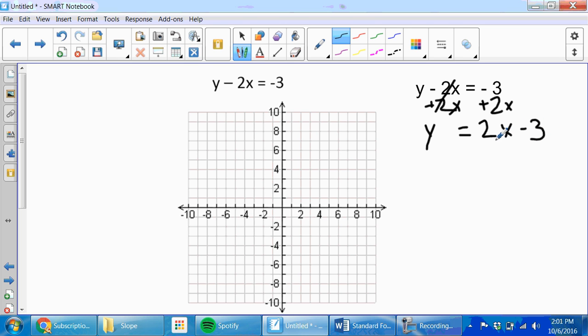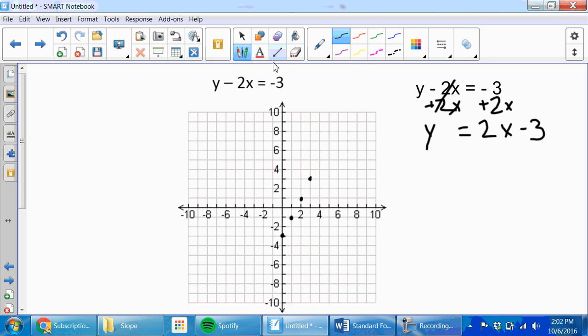Now I got to graph this. When I graph a slope-intercept equation, I start with the b value first. So I'd start at the y-intercept. I would go down 3, put a dot, bigger dot. Then I would go up 1, 2, over 1. Up 1, 2, over 1, because it's a positive slope.